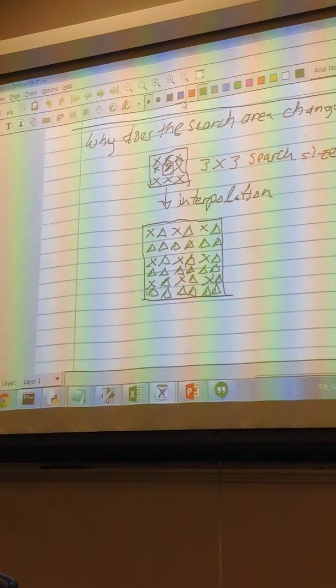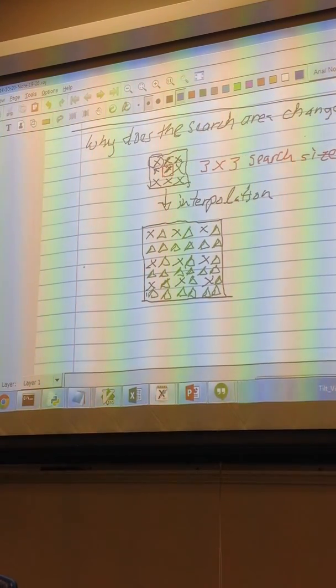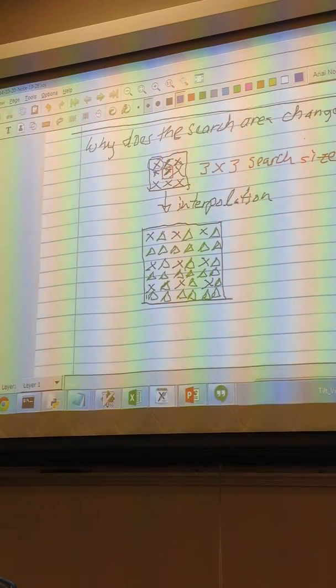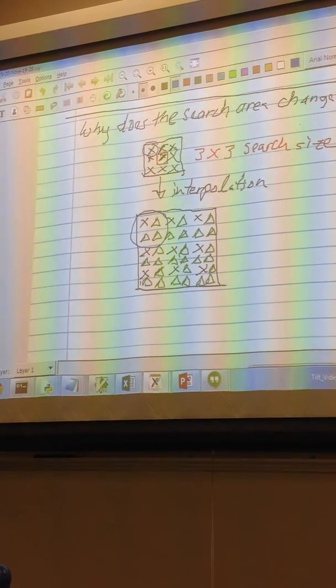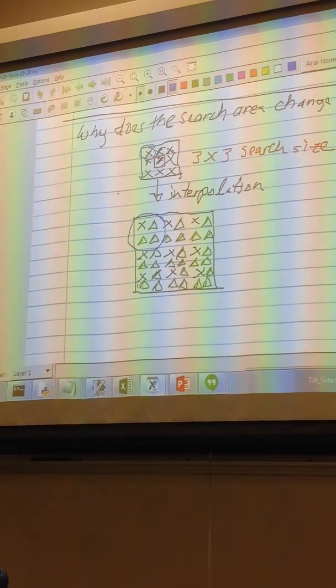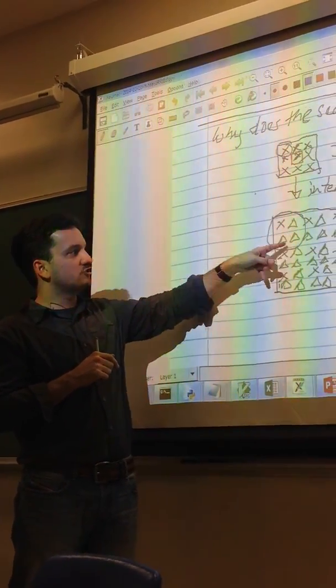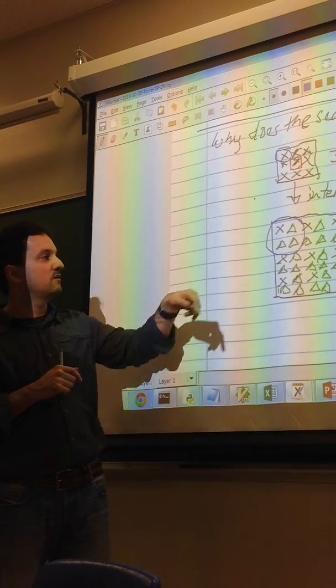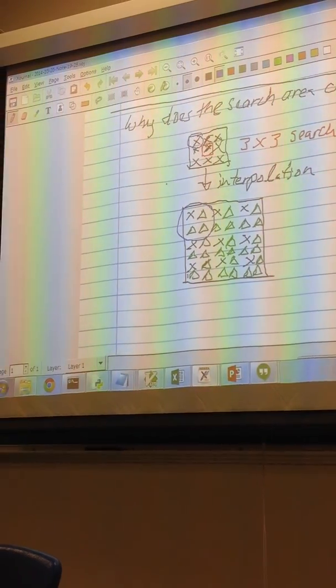So what that means is that this single blue pixel is actually going to cover all of these. For that new pixel, I only need to search 1 in each direction, because I only need to search over those new pixels that have been added.